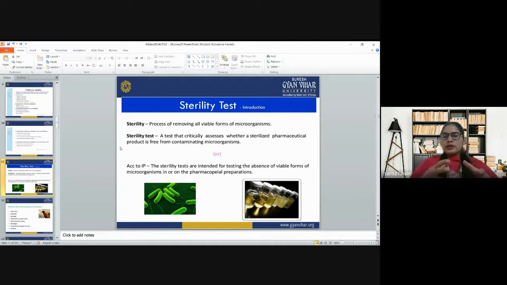So according to the Indian Pharmacopoeia, we have to test the absence of any microorganism from any kind of pharmacopoeial preparations. As you can see in this picture, these are the vials and this is the microorganism.